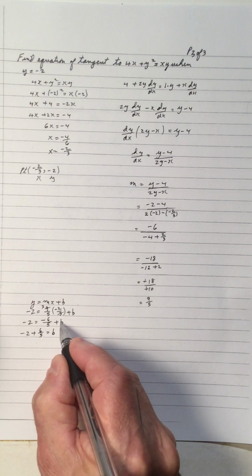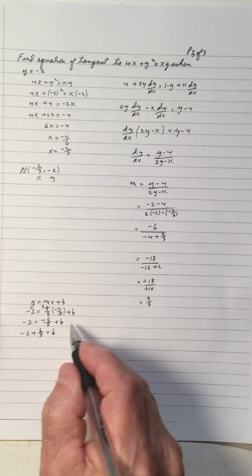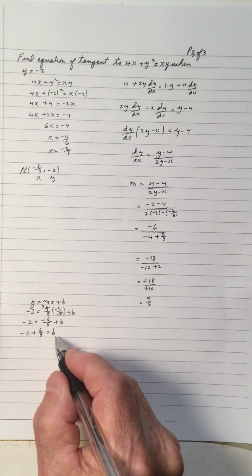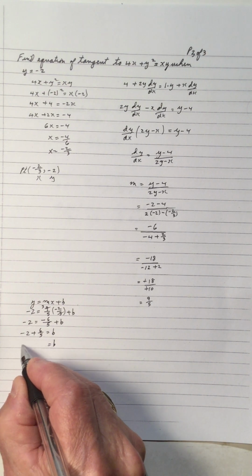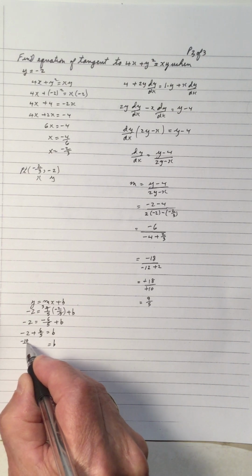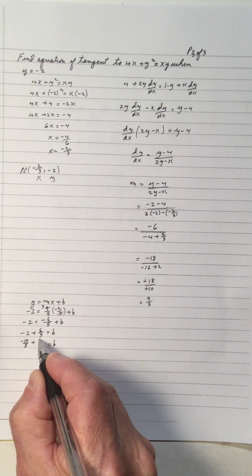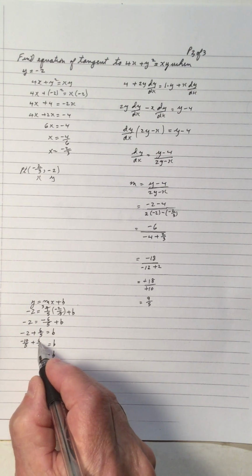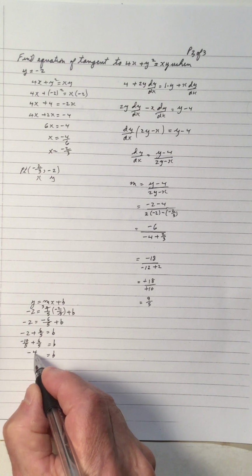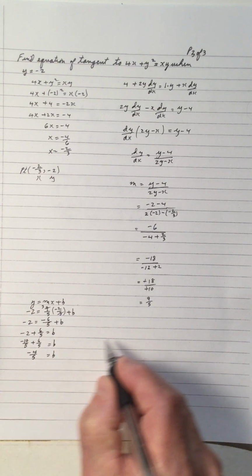Notice when I solve for the y-intercept, I need to be careful with the signs. So b is, the common denominator is 5, so negative 2 is negative 10 over 5. So b becomes negative 10 minus 6, which is negative 4 over the denominator of 5.